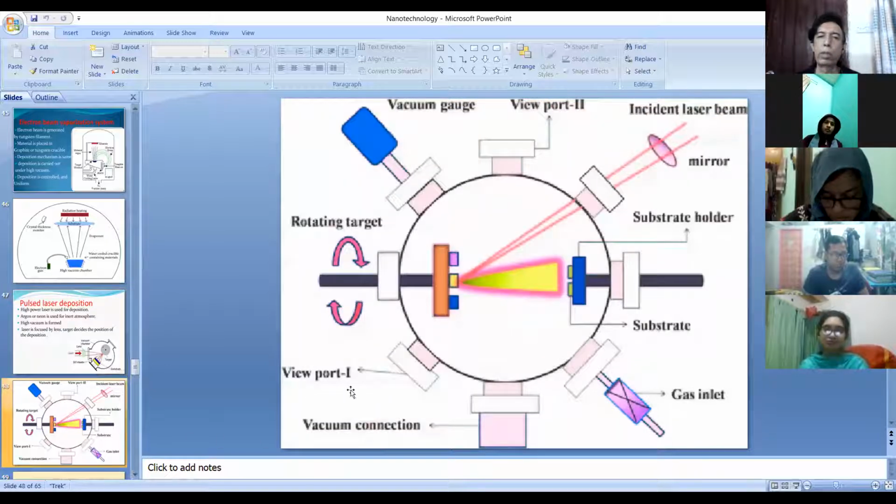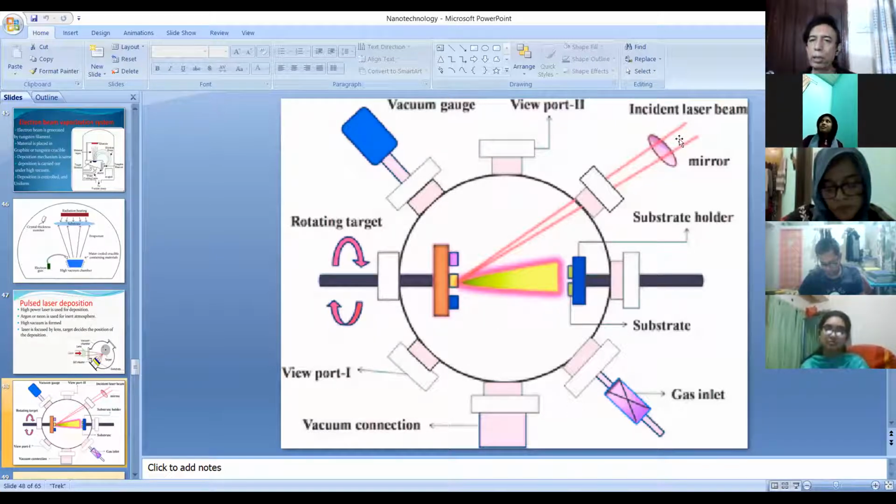So you see, this is a more clear picture. It will be a high vacuum system, and some argon or something can be present here. But what is the main thing?